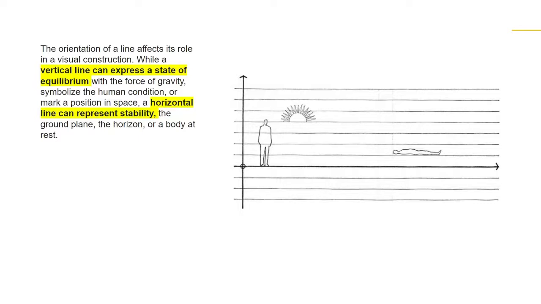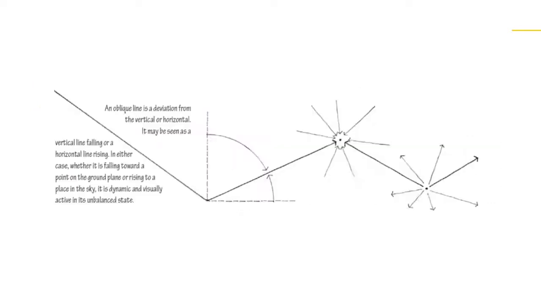A different comparison would be large waves in the ocean. When you see a disruption of the horizontal line, you see that this is unstable, or unsafe, or something very active and alive.